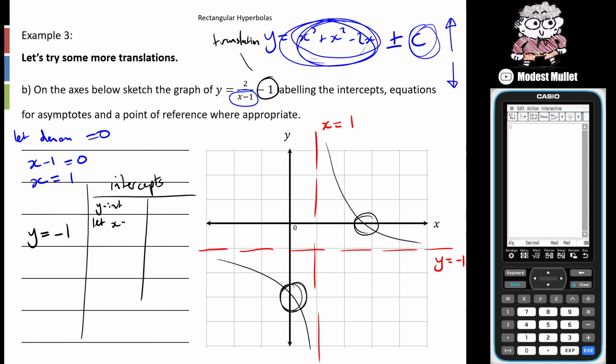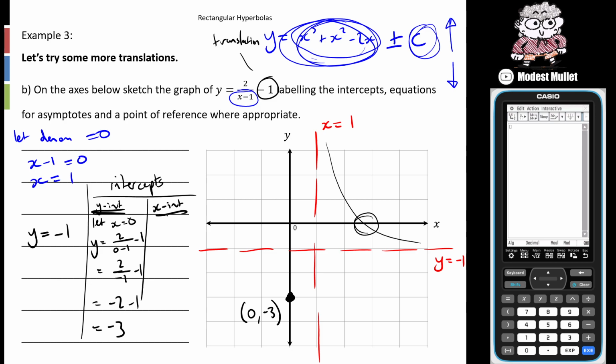We let x equals 0. So we get y is equal to 2 on 0 minus 1, minus 1, 2 on negative 1 minus 1, negative 3. Our first intercept will be here: 0, negative 3.